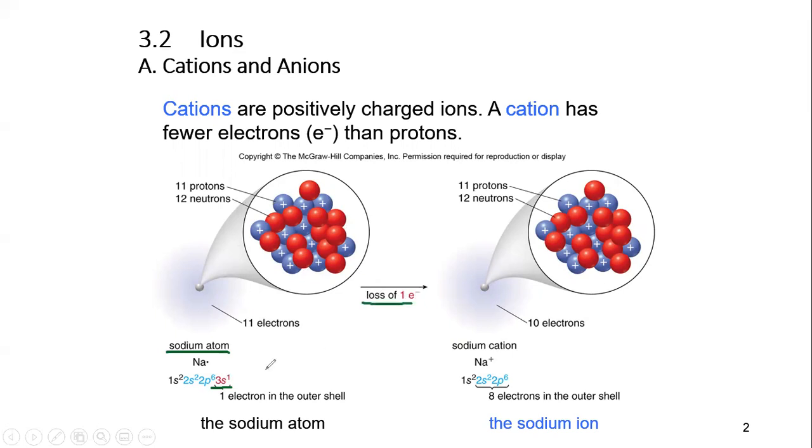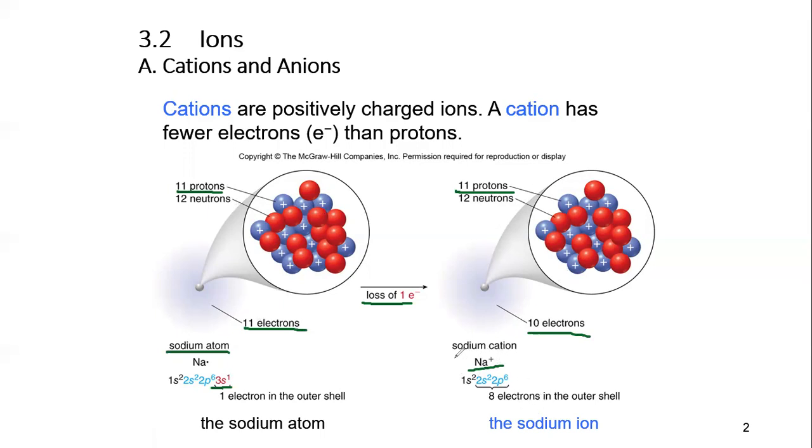So sodium is going to lose its one valence electron to become the sodium cation. And now when it becomes a sodium cation, you see it has 10 electrons and 11 protons, whereas before, when it was an atom, it had 11 protons and 11 electrons. So since the number of electrons is less than the number of protons, we now have a cation.